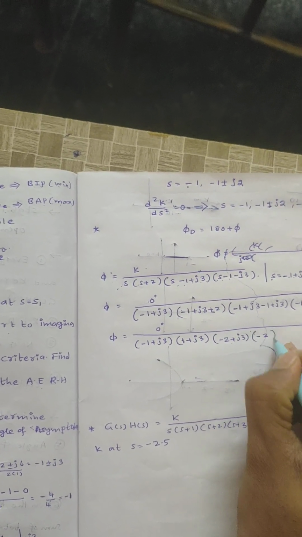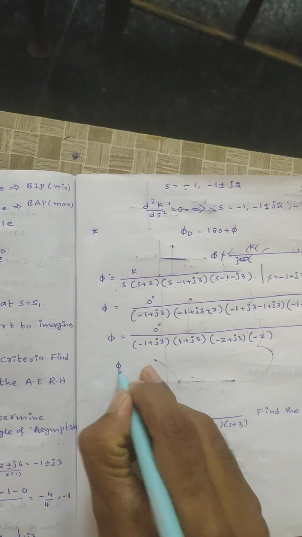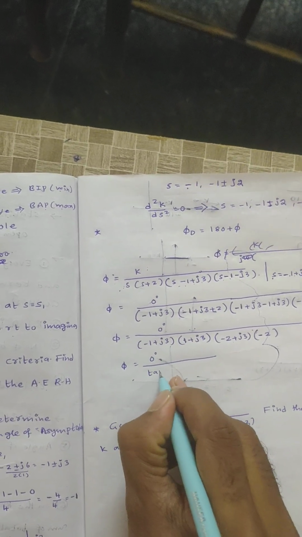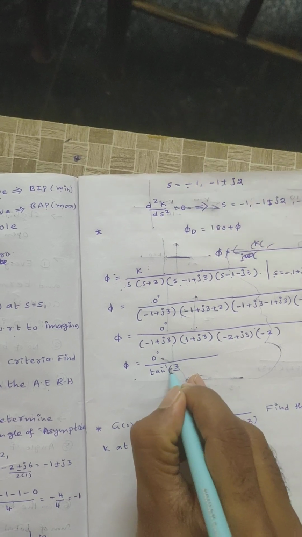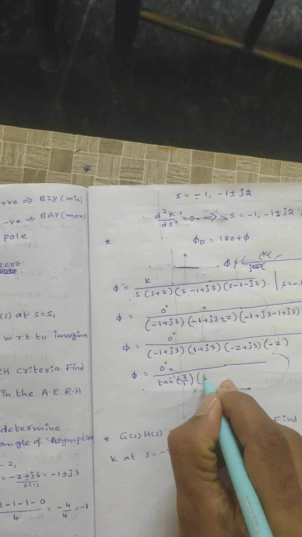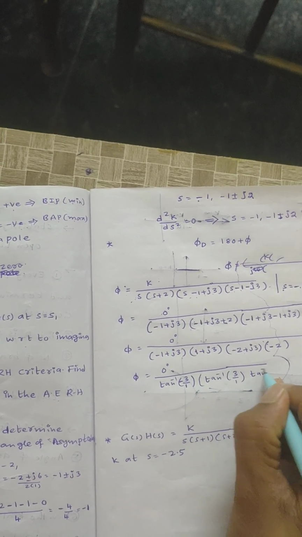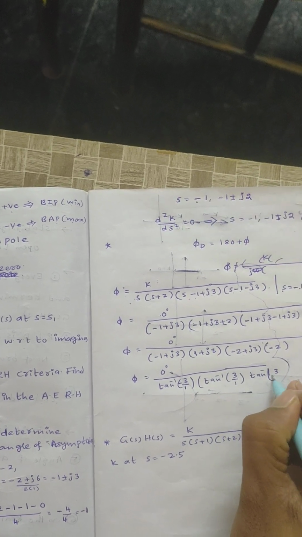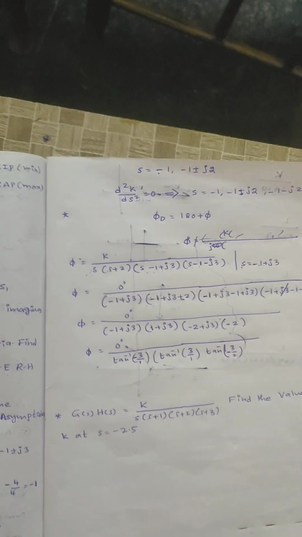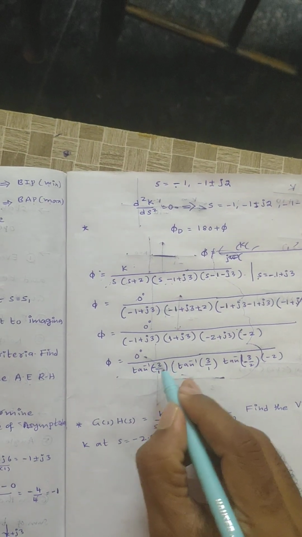You will get minus 2. Now if we consider the angle, phi is equal to 0 degrees by the r plus jx form. This is tan inverse y by x, that is 3 by minus 1. Next, 1 plus j3, again tan inverse y by x, that is 3 by 1. Next, tan inverse minus 3 by 2 into minus 2.